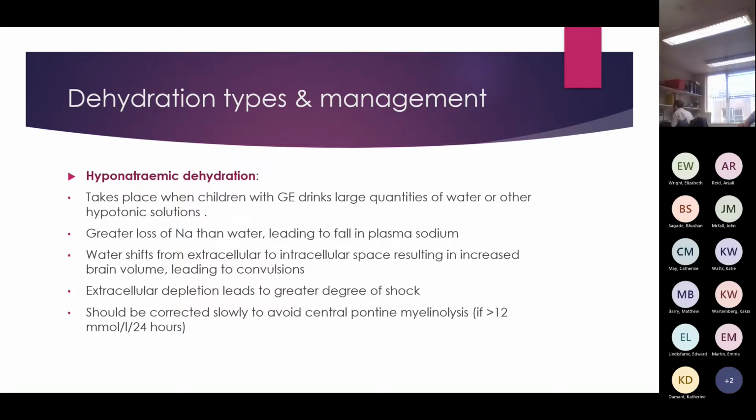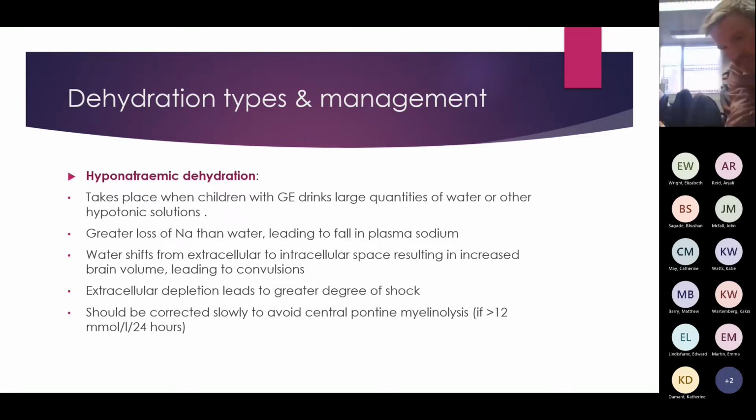The shifting of water from the intravascular volume would actually lead to an even greater degree of shock. And this can be corrected using hypertonic solutions like 3% saline, hypertonic saline. But these cases are usually done in PICU because they need very, very careful correction, especially of the sodium level.